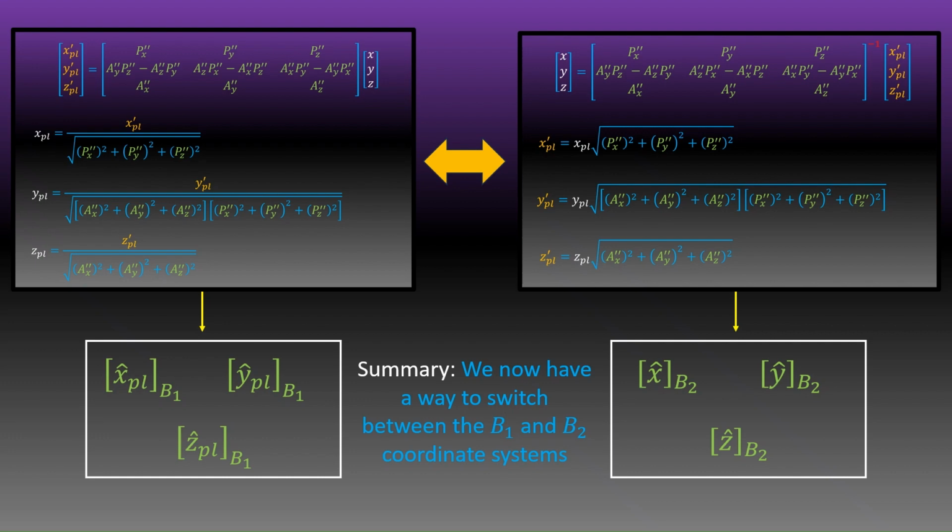So we have a way to express x hat, y hat, and z hat in terms of x hat PL, y hat PL, and z hat PL. So yeah, we have a way to switch between the two coordinate systems, which is exactly what we need.